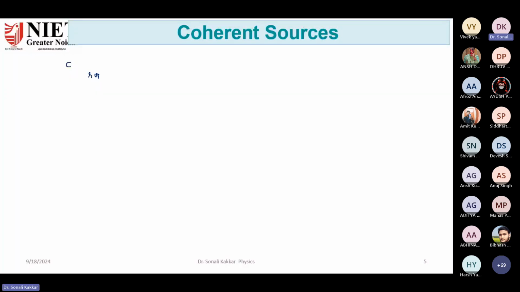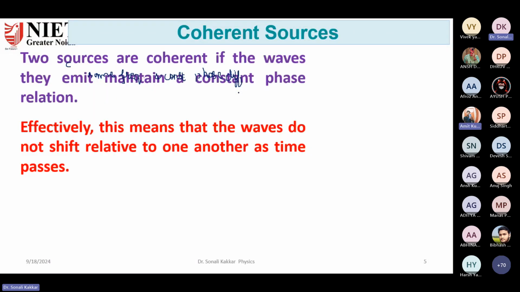Okay, same frequency and constant phase difference. What if the phase difference is not constant? Incoherent sources, non-coherent sources. Yes, incoherent sources.